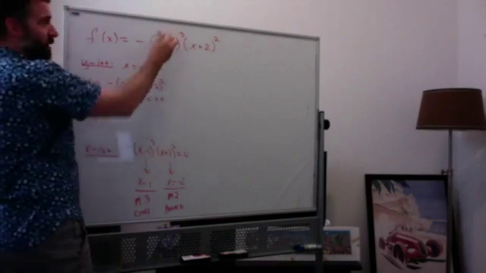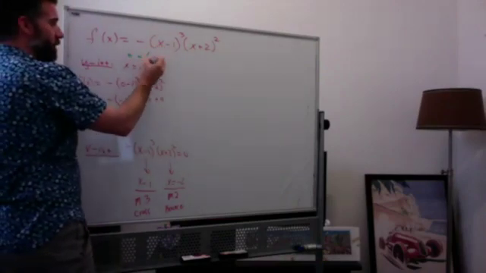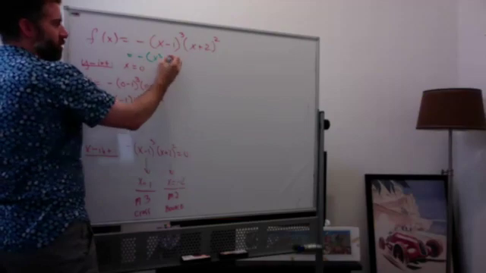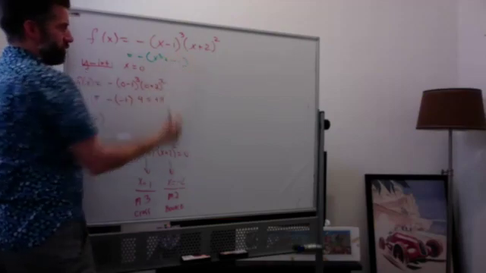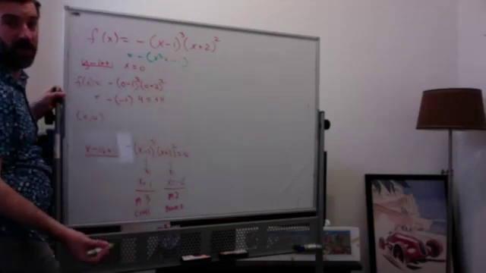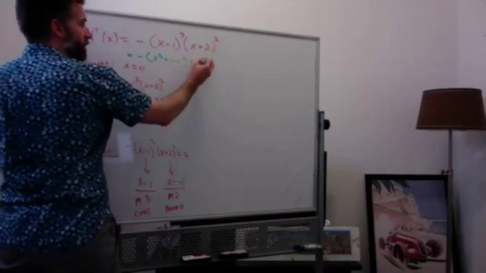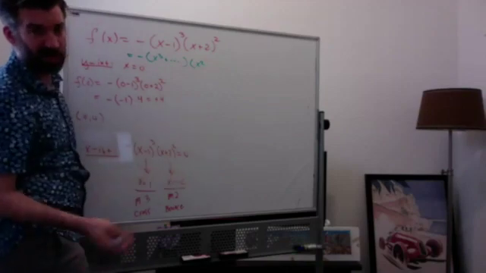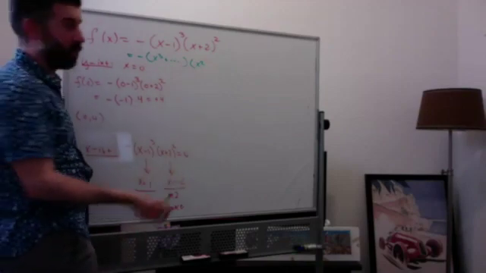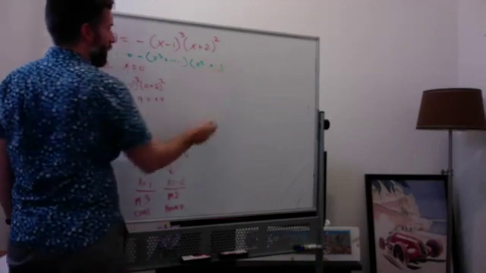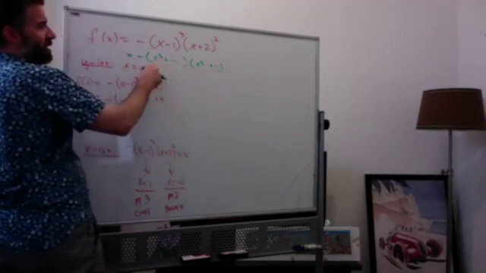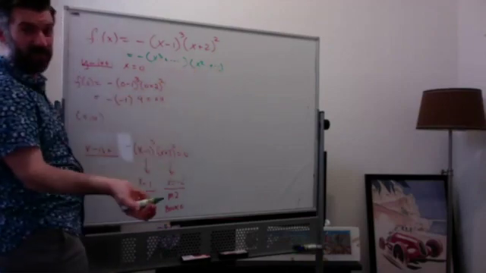x minus 1 cubed would give me x cubed plus some lower terms. I don't really care about the lower power terms. x plus 2 squared would be x squared plus 4x plus 4. But again, I don't care about the lower power terms. And then if I multiply these together, x cubed times x squared would give me x to the 5th.